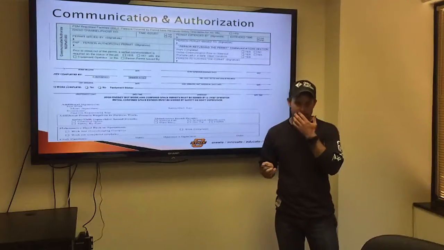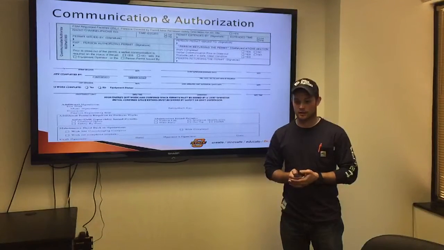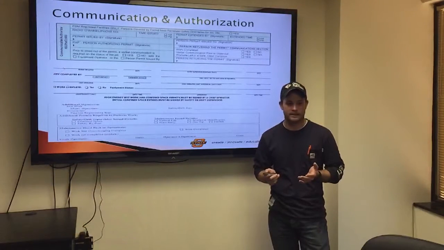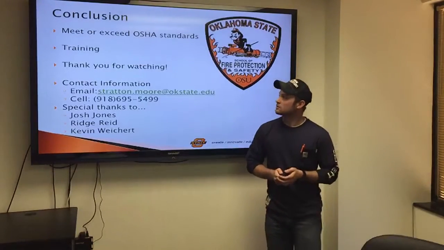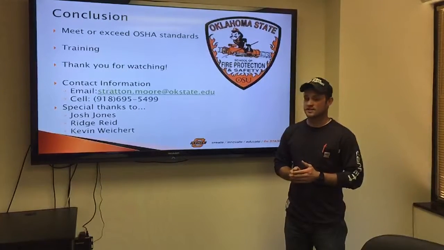Continuation, that would mean extending the duration of validity, like I said earlier. And then finally termination, which the job has been completed and the permit is going to be stored for record keeping. So basically, that is a very broad view of a safe work permit.